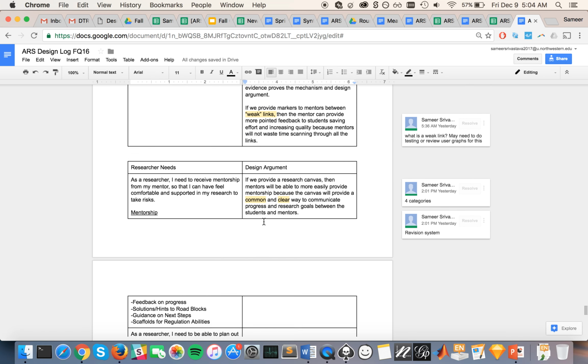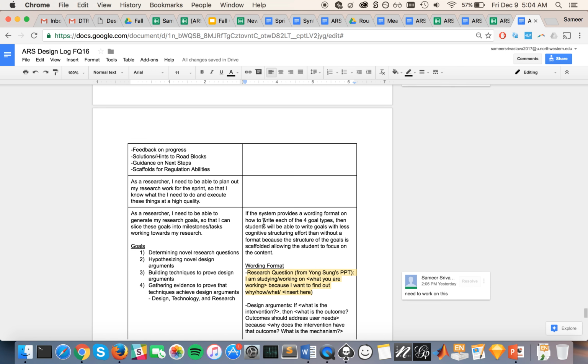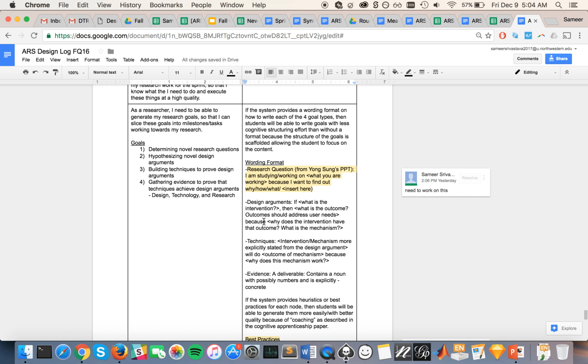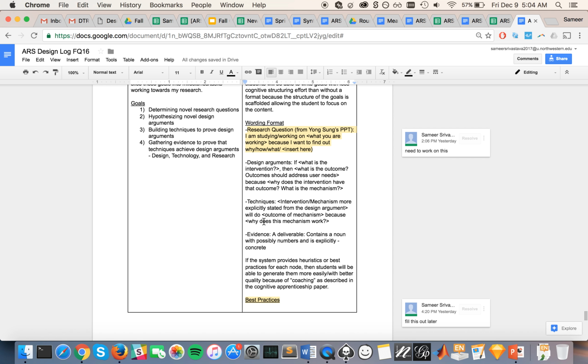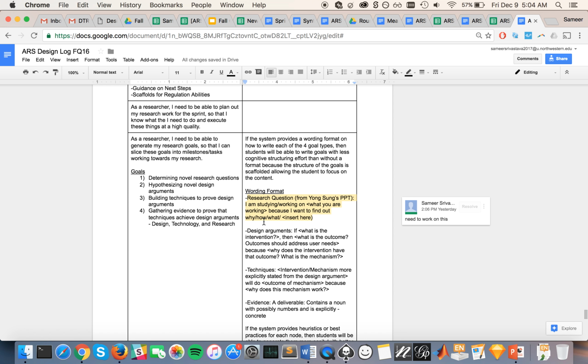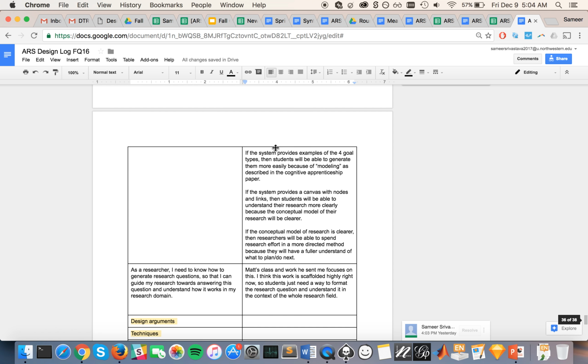Researcher needs: just having that conceptual model, and generating the research goals, because that is up to the novice researcher as much as the SIG heads help. But things I did beyond that are wording and format, so how to format your four goals. The four goals now are questions, claims, sorry, questions, design arguments, techniques, and evidence, and then best practices for them.